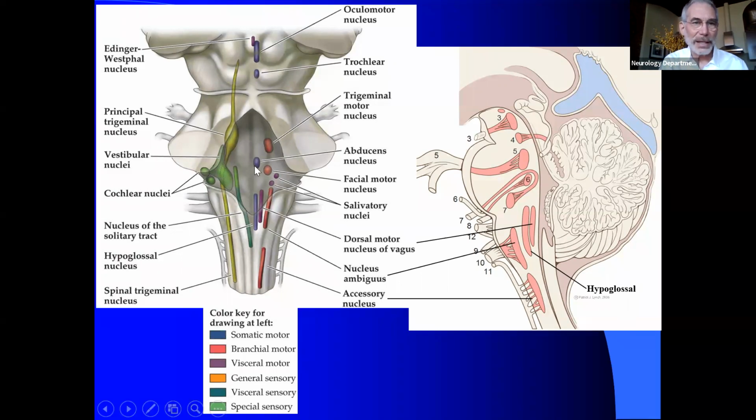It's not like, say, the abducens, which is more or less a globular nucleus, or the facial nucleus, which is a discrete globular nucleus. This is elongated, and so is the vagus complex. And look here, the solitary tract is huge. And we're going to be dealing with that in the weeks to come.